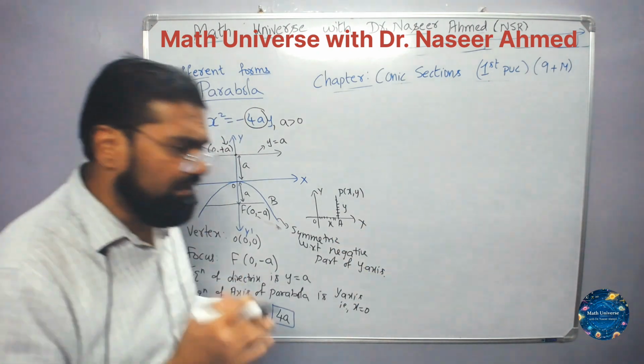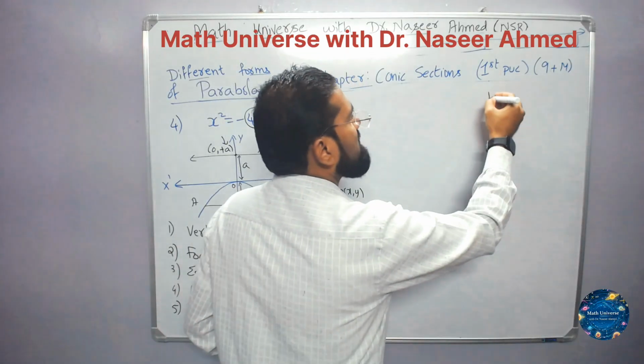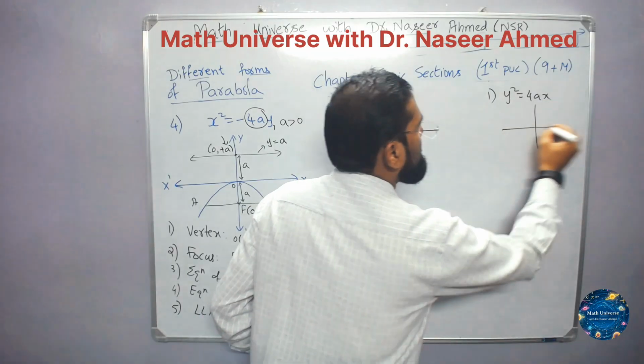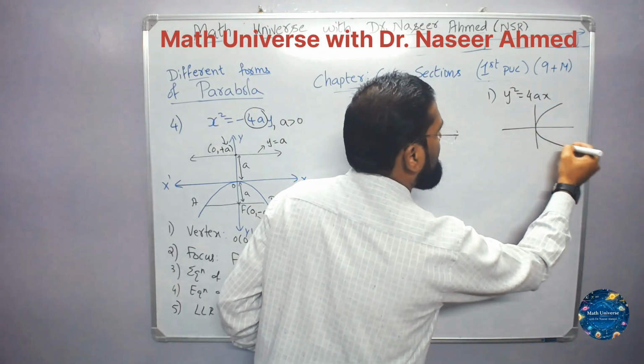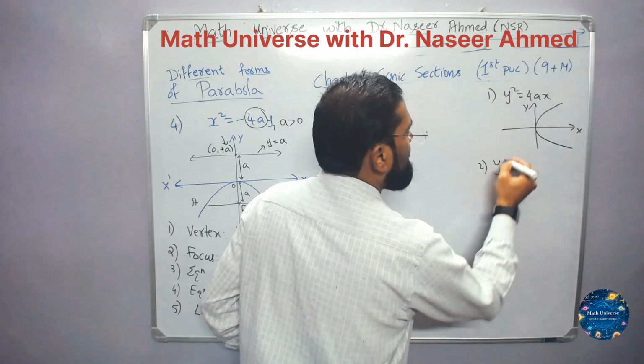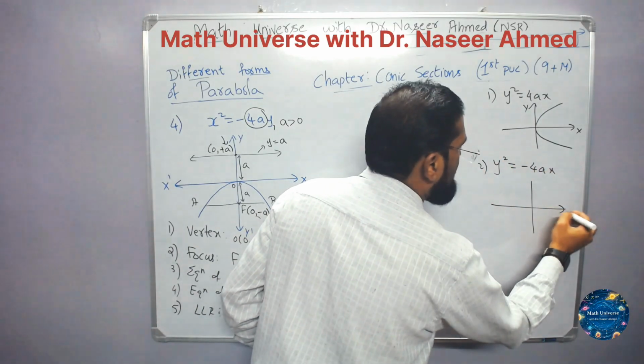Now one thing I want you to understand. Let us write all the parabola graphs first. First one, y squared equal to 4ax. The graph was a C-shaped graph. Second one was y squared equal to minus 4ax, and this was a D-shaped graph.